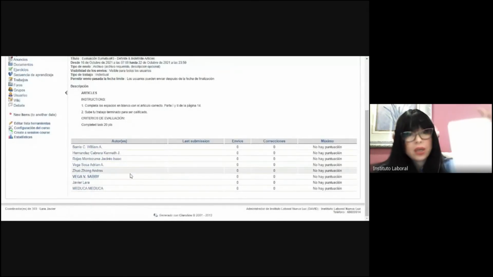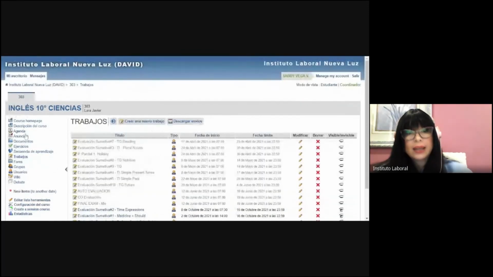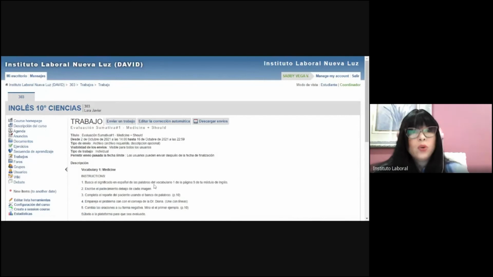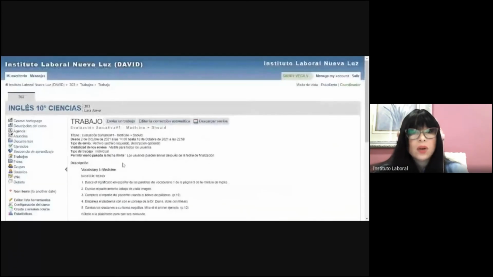¿Ok, chicos? Para recordarles los tasks que hay o las actividades evaluativas que tiene la plataforma. El vocabulario número 1 ya fue entregado por 2 estudiantes, por Andrés y por Jacinto, pero tengo a William, a Kenneth y a Adrián que tienen que subirlo. ¿Ok? Recuerden subirlo para poder evaluarlos.